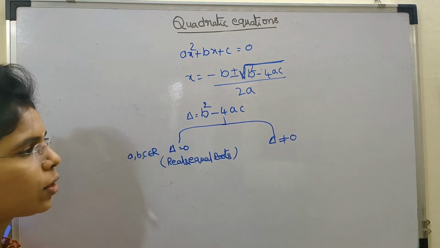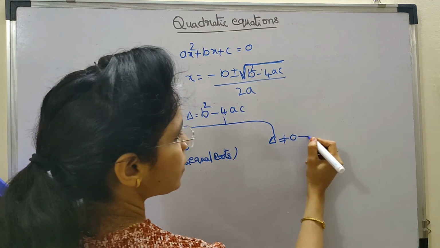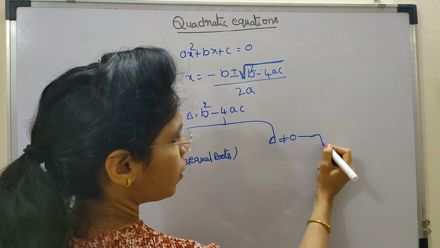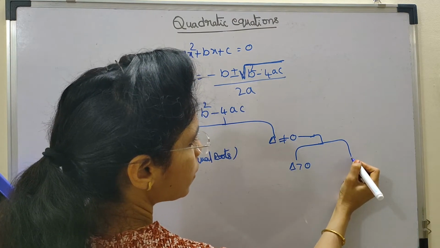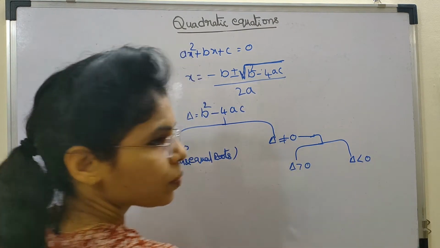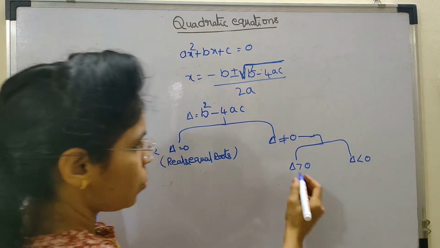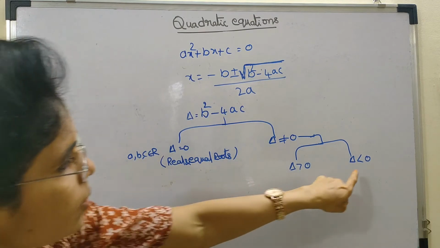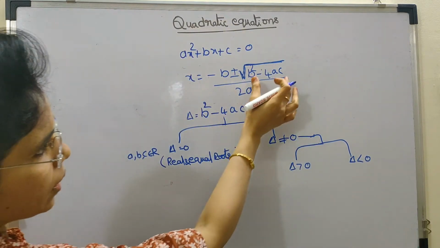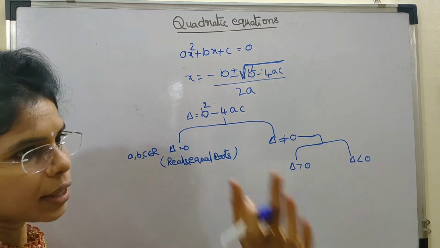If delta is not equal to 0, then what is the case again? If delta is not equal to 0, it may be either greater than 0 or less than 0. So, delta greater than 0, delta less than 0. Delta less than 0 means the expression under the radical sign is negative.